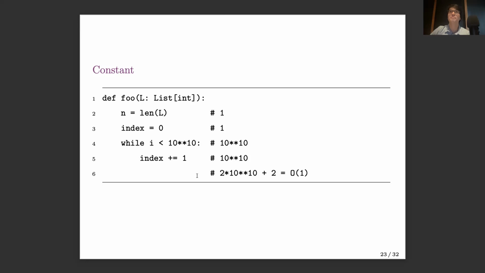The 10 to the 10 is a number, right? So I could have said while i is less than 7. And then it's just going to do 7 iterations every time. Again, that loop is not going to do anything different depending on its input. What this while loop does is totally invariant to the input. The input doesn't do anything in here, actually. It's just a red herring. So, fixed number of operations.